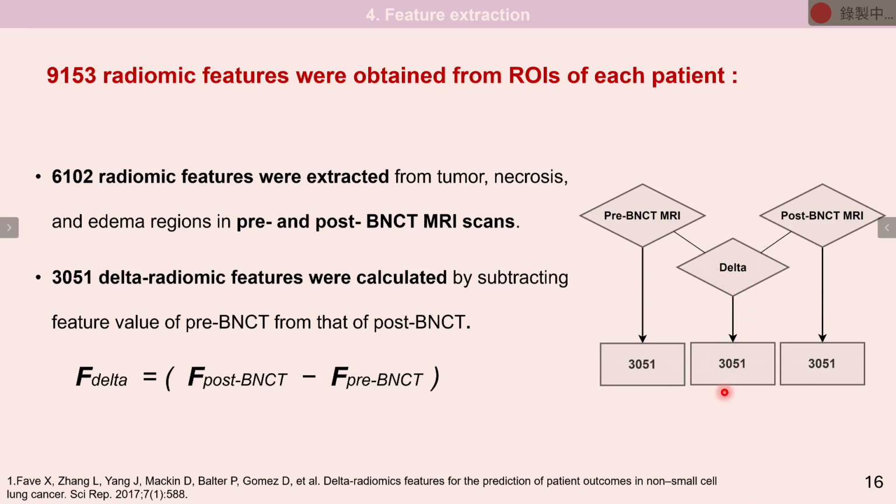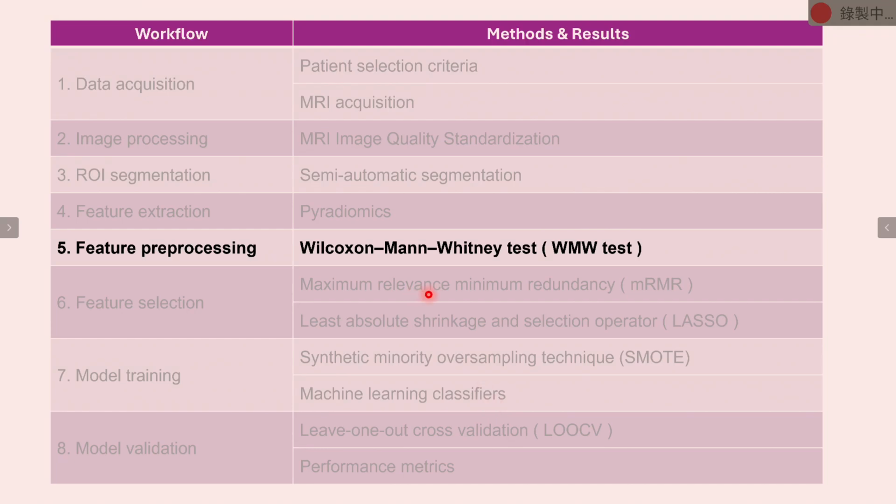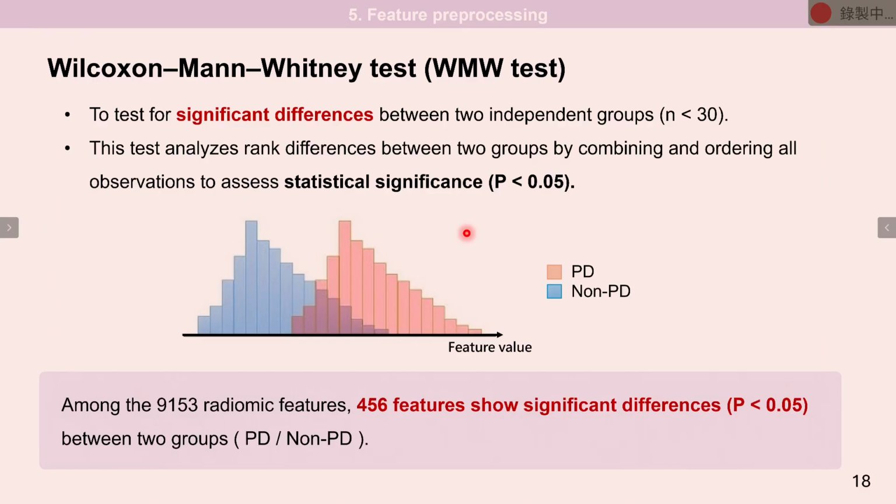And next is feature preprocessing. After extracting the features, we use the Wilcoxon-Mann-Whitney test to select the radiomic features that show significant difference between two independent groups, which are PD and non-PD. This method analyzes the rank difference between two groups, and it's suitable for small data size.